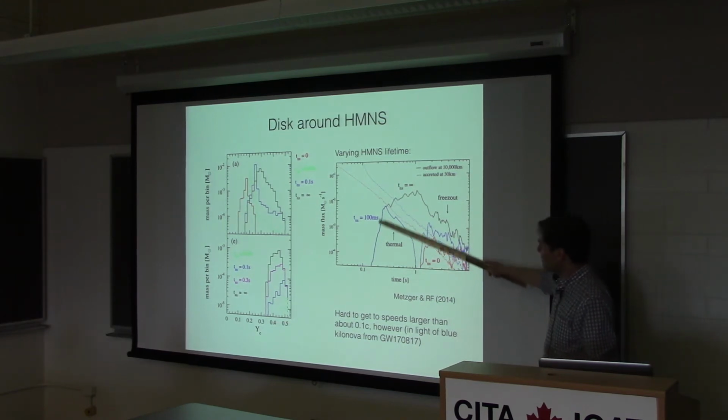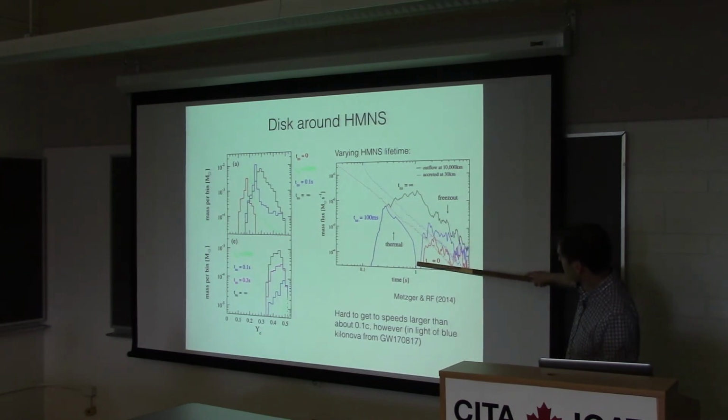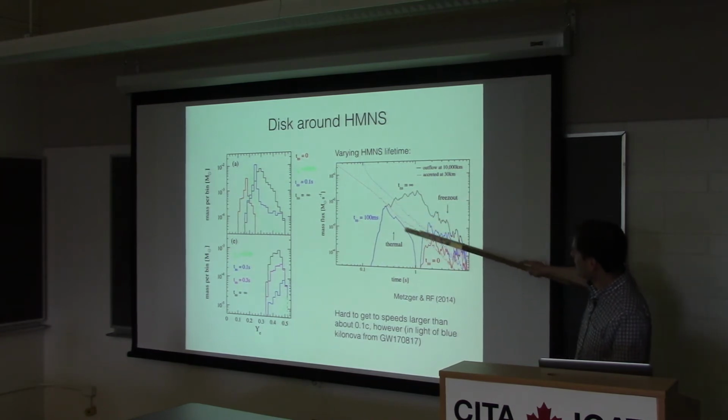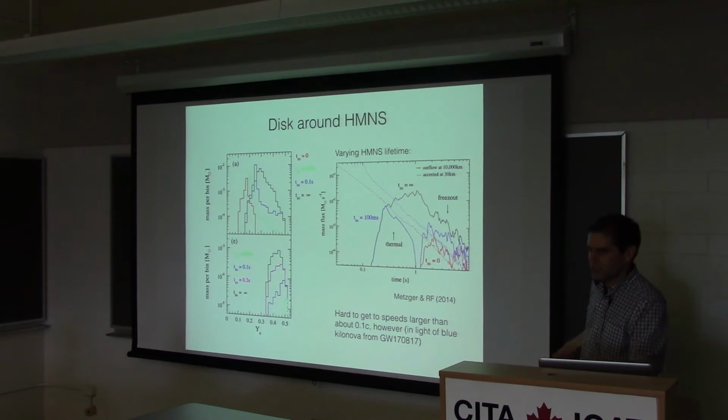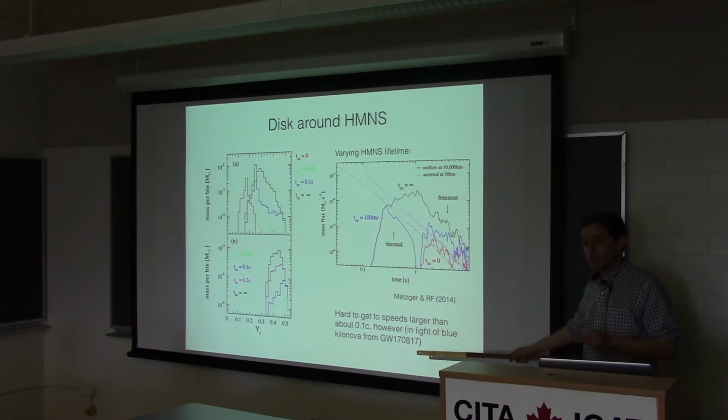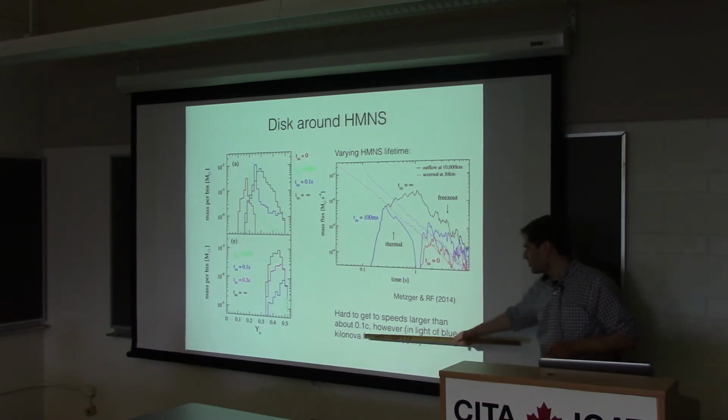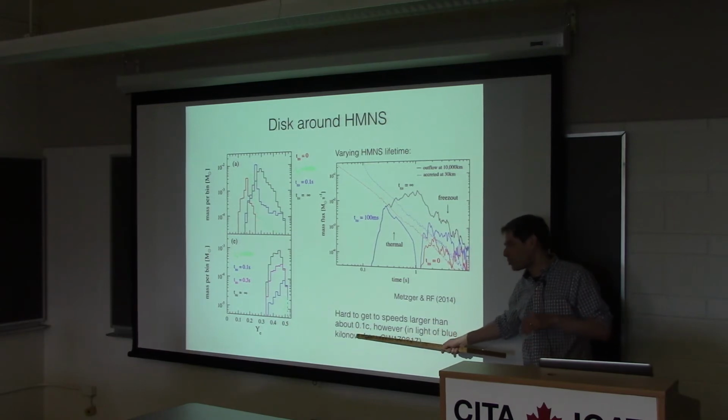This is again the same plot showing the accretion rate as a function of time and the mass ejection when you collapse the neutron star at different times. And an important point that hasn't been made yet, or maybe it has been made but not too repeatedly, is that when we carry out the simulations in pure hydrodynamics, there's a maximum velocity that we get, roughly speaking, 0.1 c.